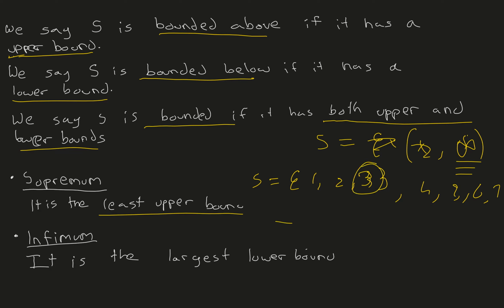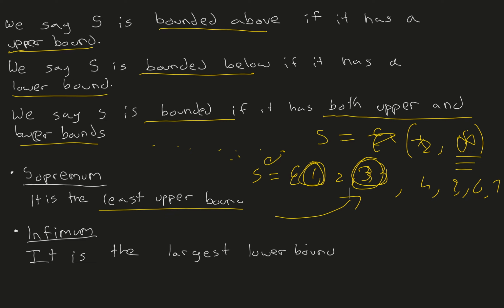So 3 is the supremum of this set, and the infimum similarly is the greatest lower bound, and in this case it's 1. We notice that there are infinite amounts of lower bounds such as 0, -1, -1 million, -1,000, but the greatest of the lower bounds is 1. So 1 is the infimum of this set.